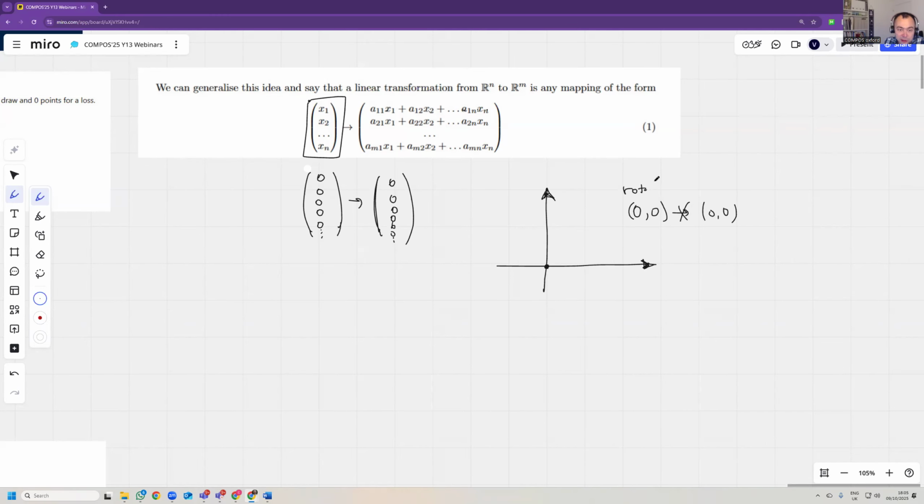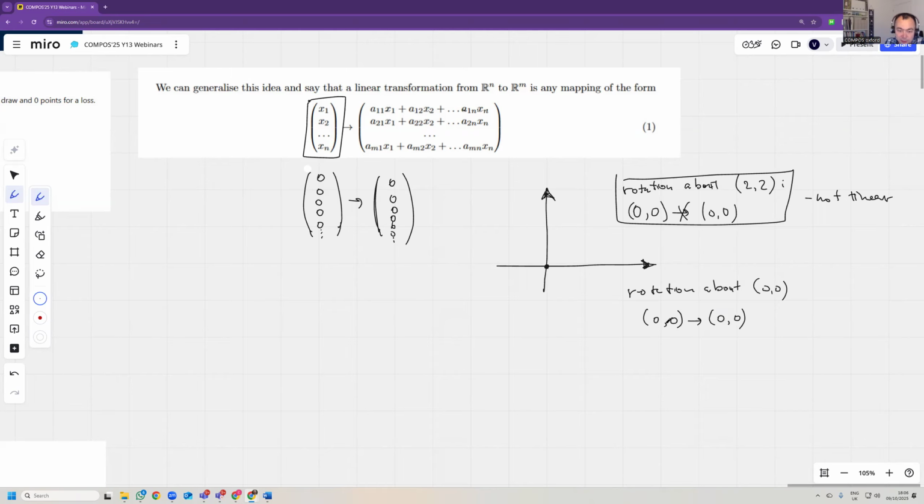So not linear, whereas a rotation about point 0, 0 is linear, as you can see, 0, 0 turns into 0, 0.